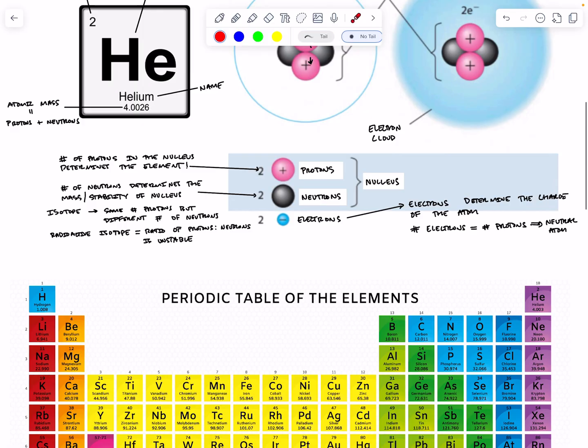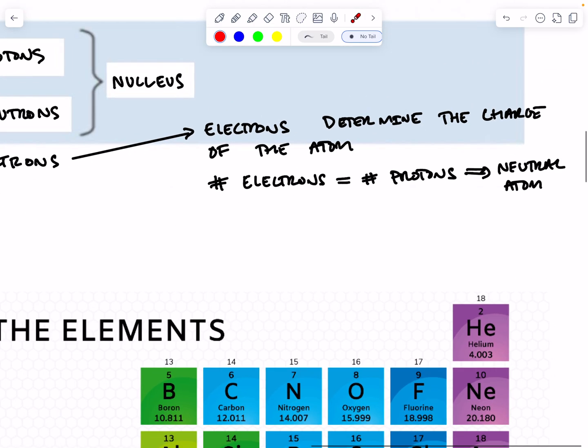It kind of makes sense. This has one negative charge, this has one positive charge, so if the numbers are balanced, then the atom is neutral.